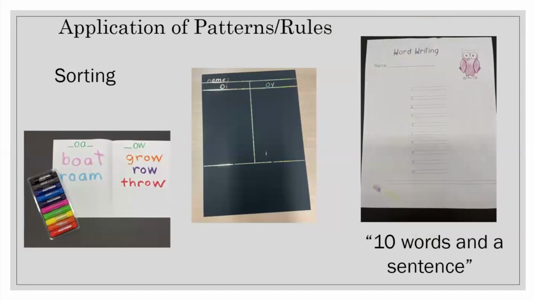They must listen for the placement of the phonemes in the word. For example, do they hear the long O sound at the end of the word or in the middle? So you see boat and grow in that example with the paint sticks there. And that's the OA in the middle, OW at the end pattern.